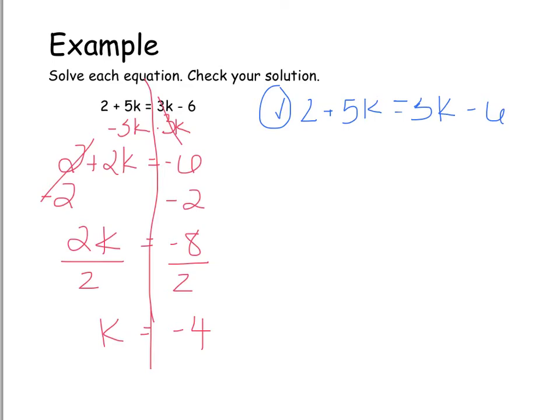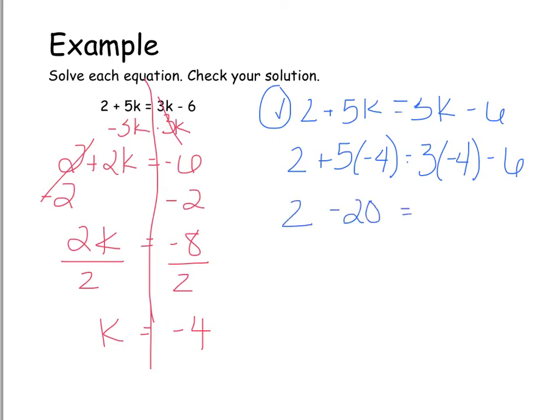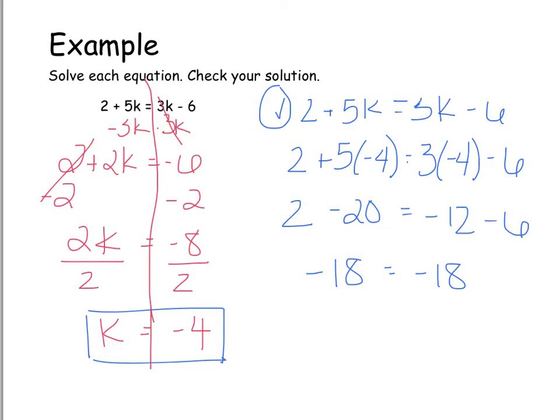So I said my k was negative 4, so wherever there's a k, I'm going to replace it with a negative 4. 2 plus 5 times negative 4 equals 3 times negative 4 minus 6. So 5 times negative 4 is negative 20, and 3 times negative 4 is negative 12 minus 6. 2 minus 20 is negative 18, and negative 12 minus 6 is negative 18. Because both of those are equal, my answer is correct at k equals negative 4.